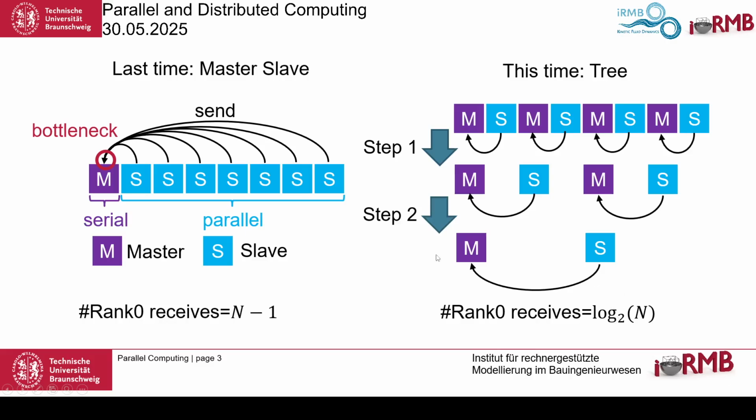So this receiving of the outermost master is the serial process. It's the serial process of putting all the parts together. And this serial process grows much slower, namely only with the logarithm of n, if we do this divide and conquer.